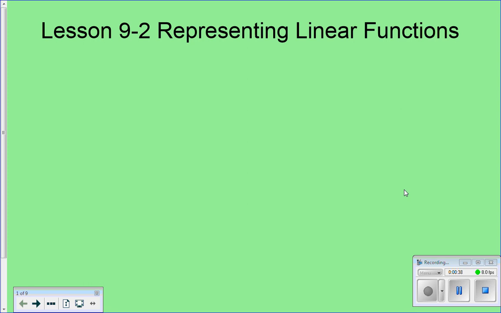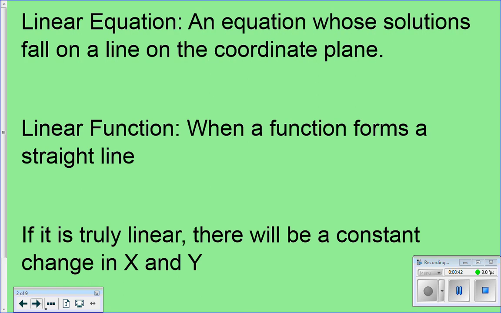So, we're going to deal with straight lines today, and we're going to deal with functions. So, two vocab words I have for you are linear equation and linear function. Linear equation, linear function.